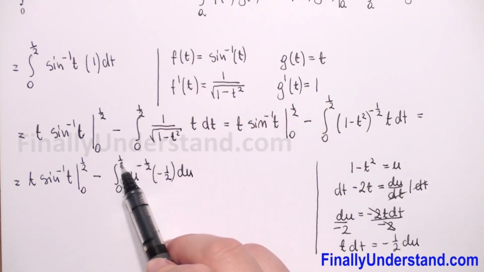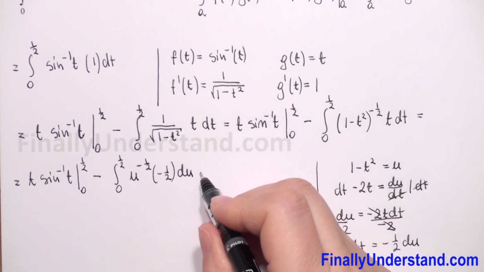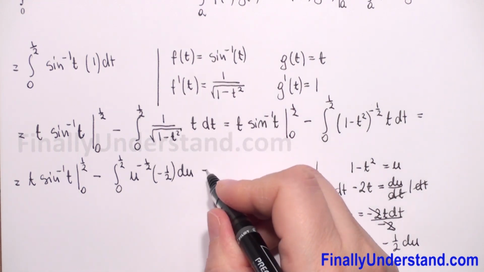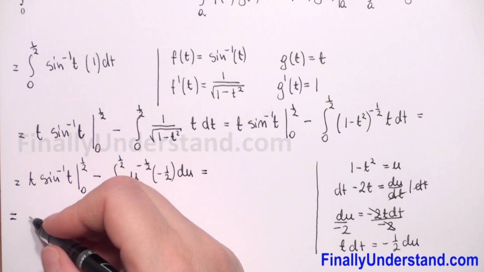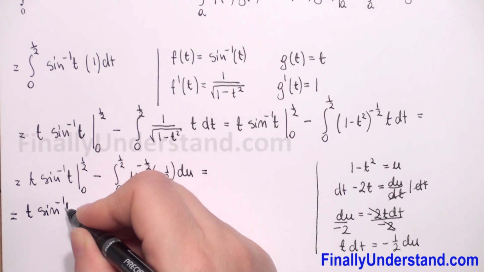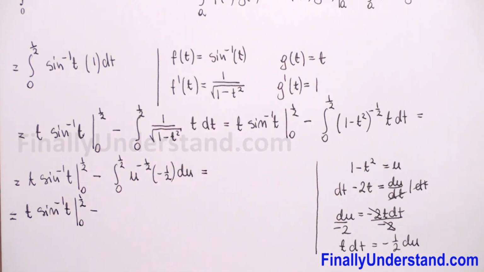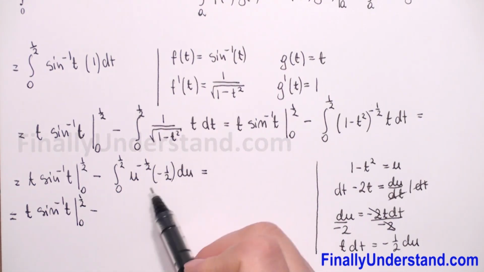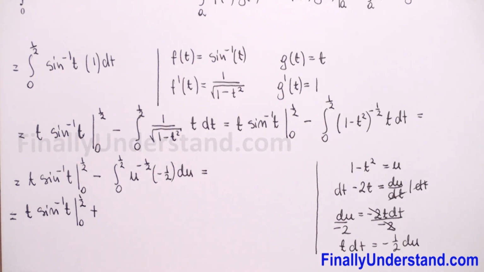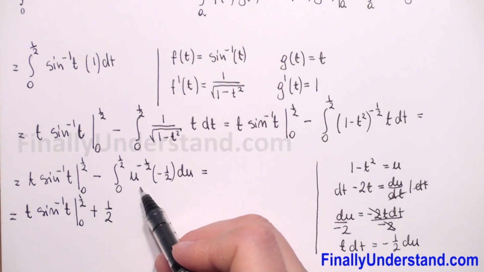Because I didn't change the limits, I have to come back from the substitution to t at the end. So this is equal to t inverse sine of t, limits from 0 to 1/2, minus, and now we have negative and negative, so we have to change this to a positive sign. 1/2 I will take before the integral symbol, so we have the integral of a power function, the formula used until now.